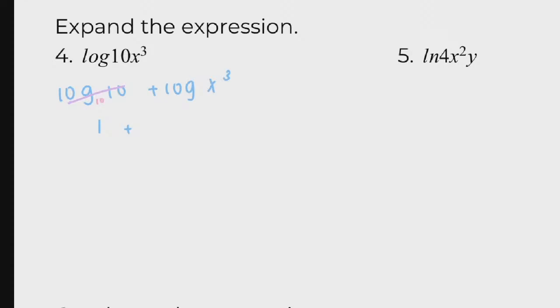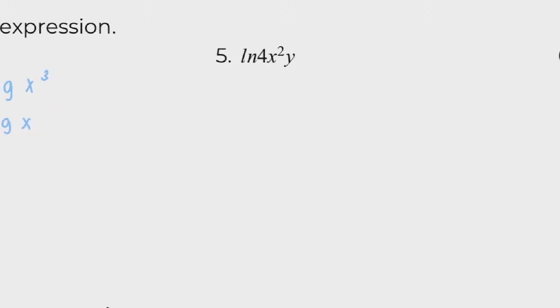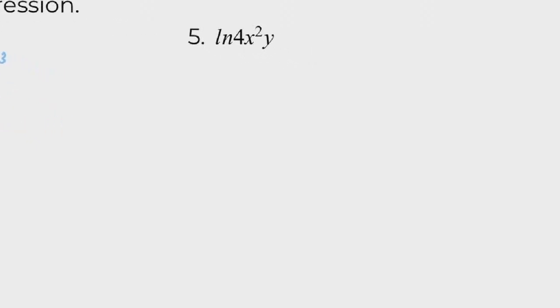And for log x to the third, we have the third power, so we can use the power property and bring that down to the front. So the final answer would be 1 plus 3 log x. Number 5, we have ln of 4 times x squared times y.